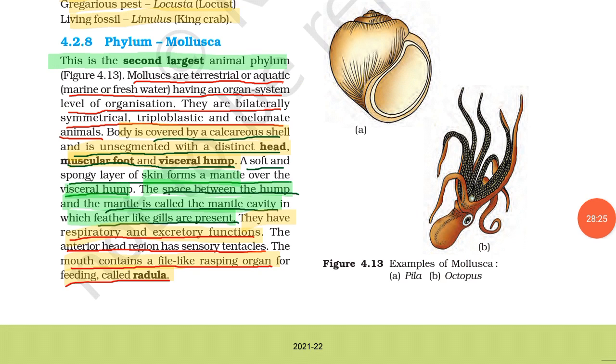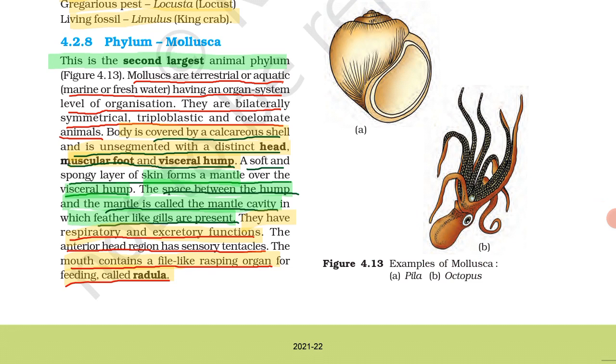A soft and spongy layer of skin forms a mantle over the visceral hump. So see, they have a visceral hump. In octopus, see below, they show a visceral hump, and over that visceral hump a soft and spongy layer of skin forms a mantle.